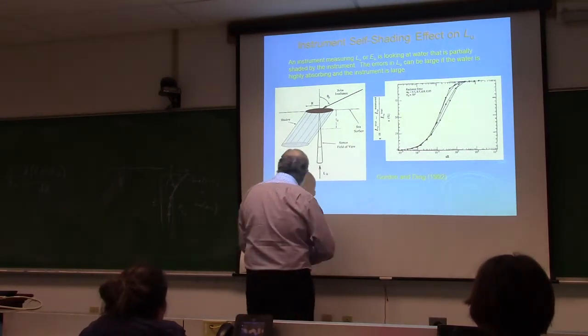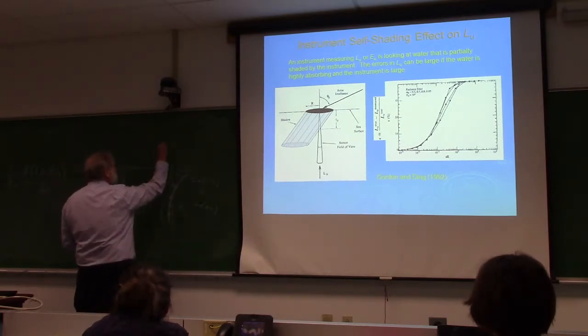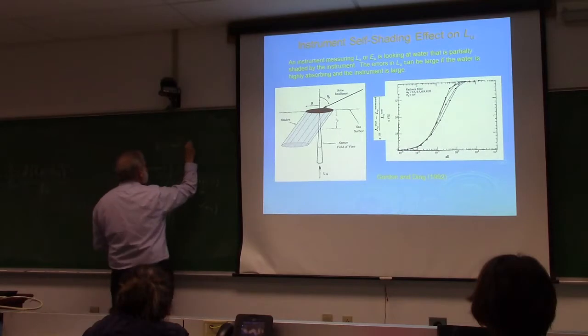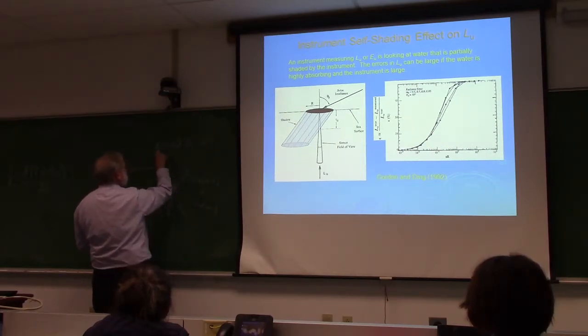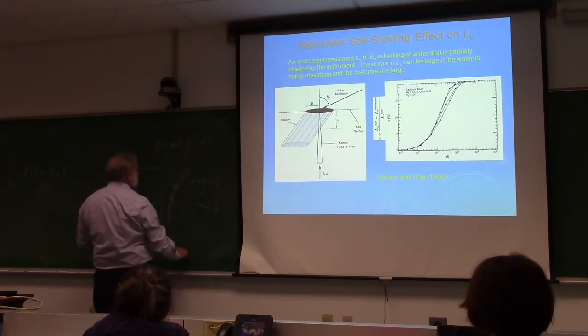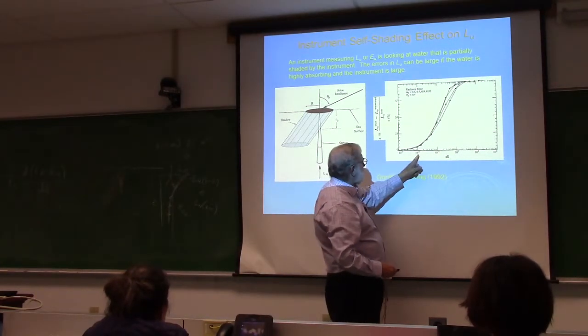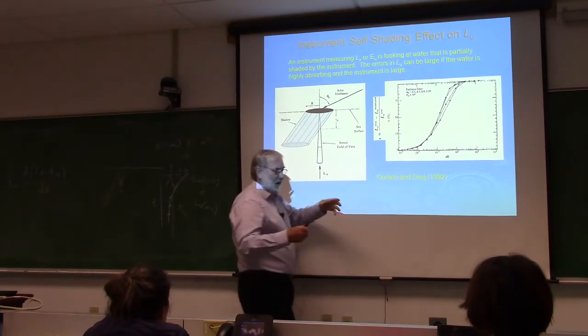If, let's say, you had an instrument where the radius was 10 centimeters, so that's 0.1 meters, and the absorption coefficient was 0.1 per meter, then that's 0.01, you're down right here, and you'd have like a 5 or 10% error.